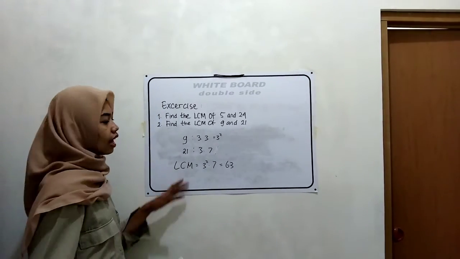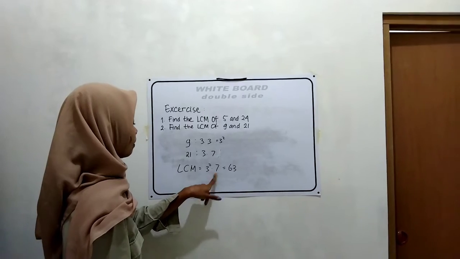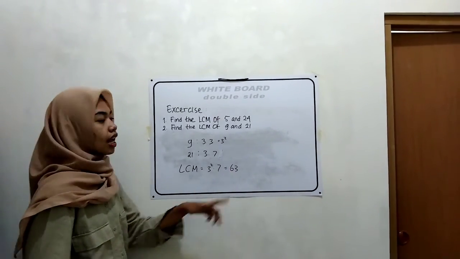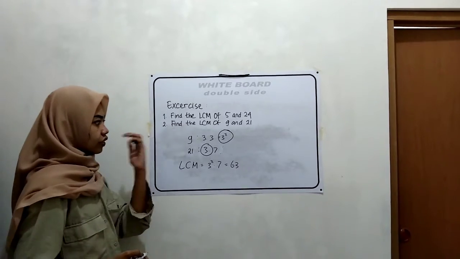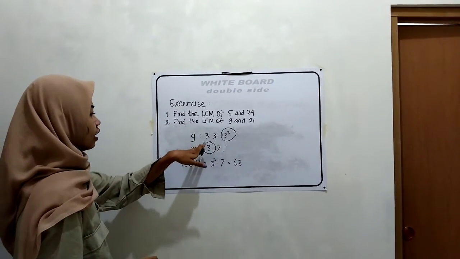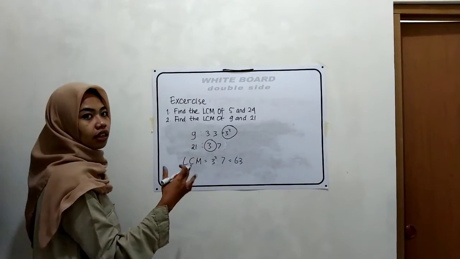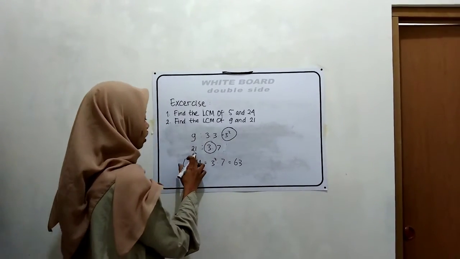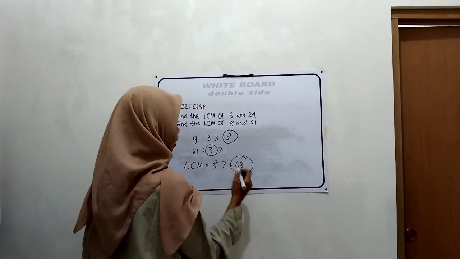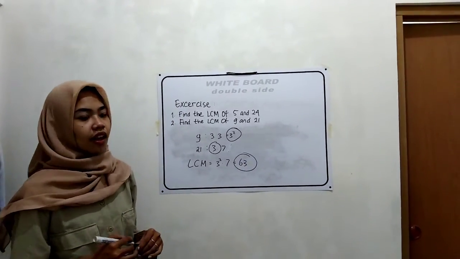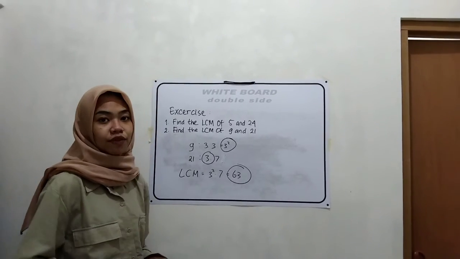So the LCM is 3 squared times 7, which equals 63. Look at the 3: in 9 the power of 3 is greater than in 21. So the LCM is 63. Yes, that's right.